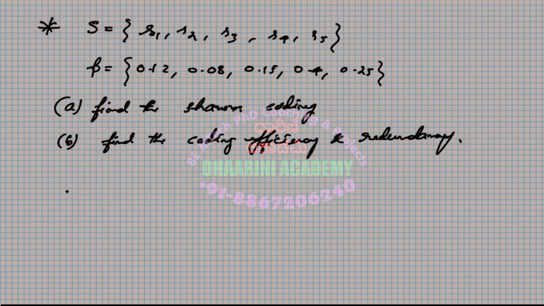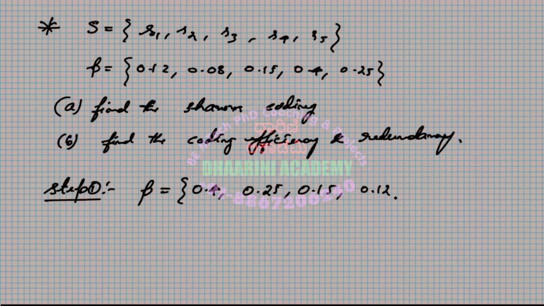But the first step is to write it in the decreasing order, correct? So let's write the probabilities in the decreasing order. The highest one is 0.4, then we have 0.25, then 0.15, 0.12, 0.08.